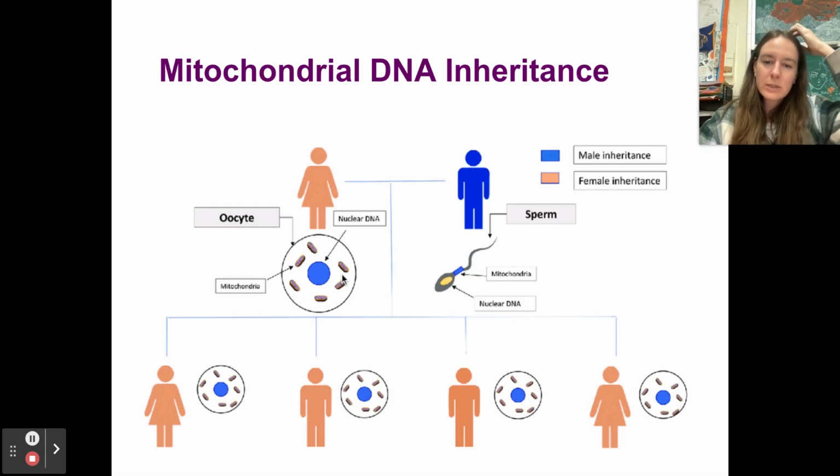Now, why is this important? Well, remember the endosymbiotic theory, the theory that perhaps mitochondria way long ago was its own prokaryotic cell. And it was engulfed by another cell. And over many years, that prokaryotic cell had a symbiotic relationship with the one that engulfed it.